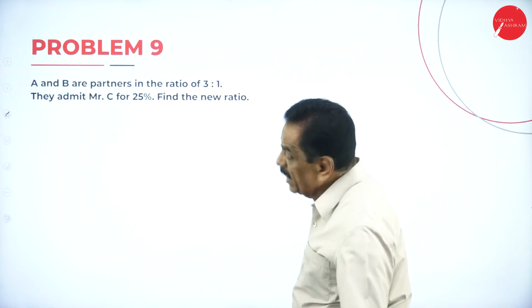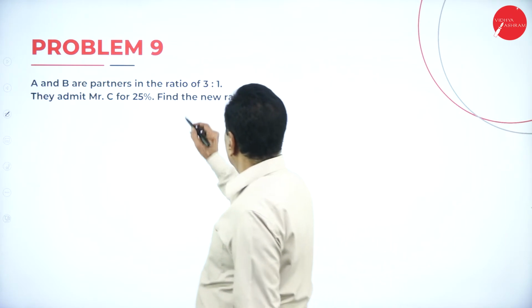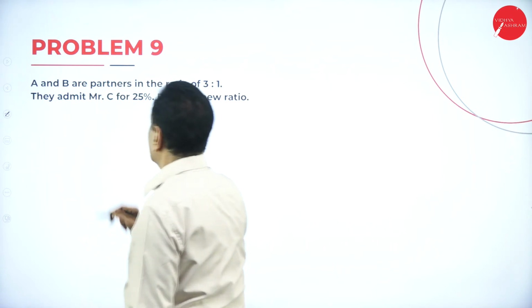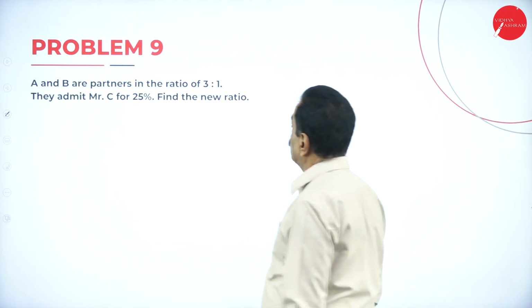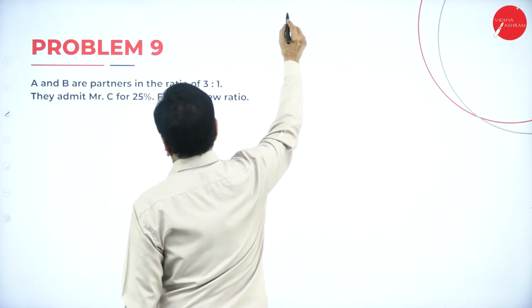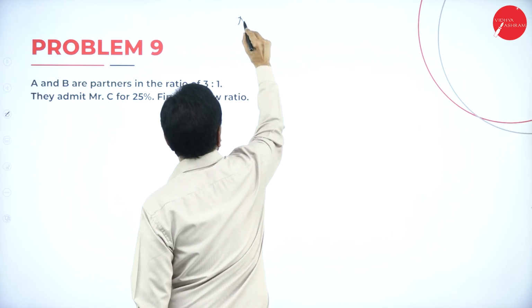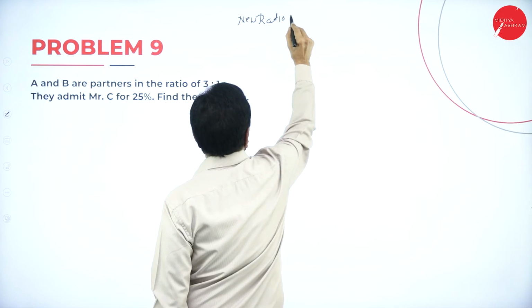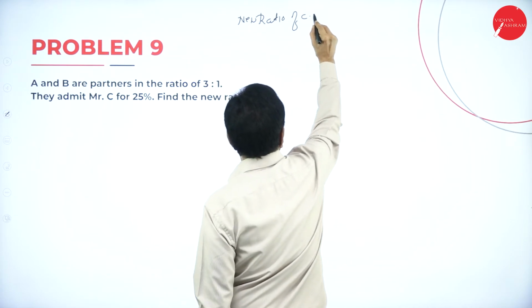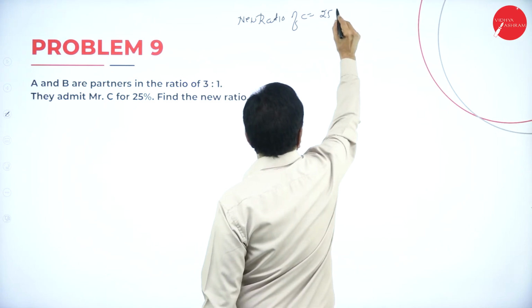Then, A and B are partners in the ratio of 3:1. They admit Mr. C for 25%. Find the new ratio. So, new ratio of C is equal to 25%.